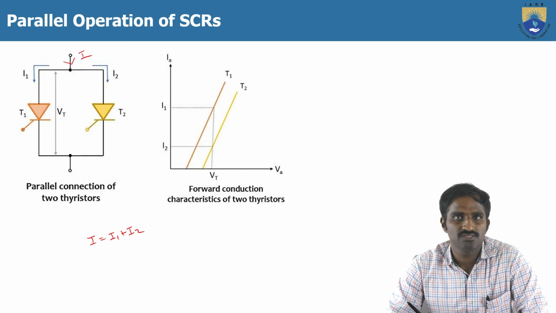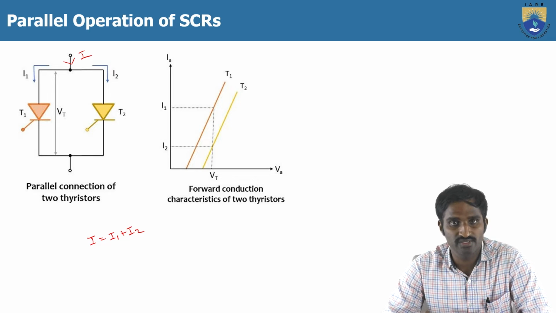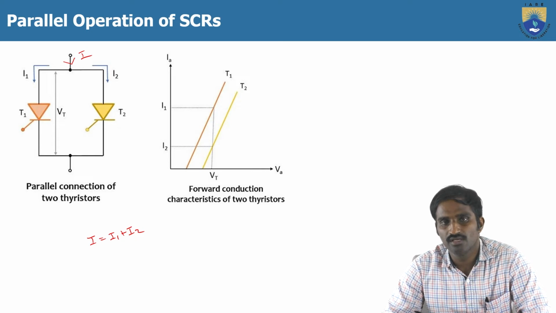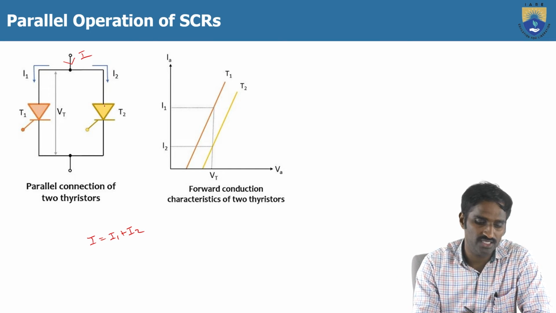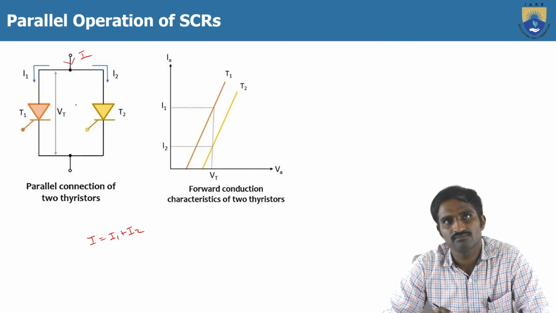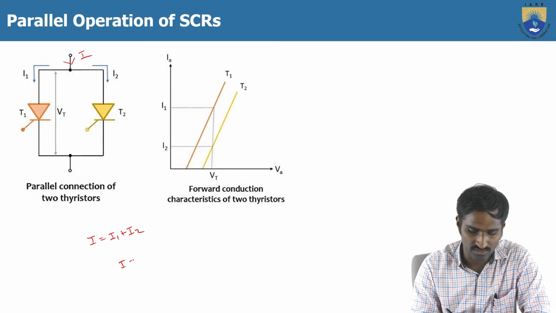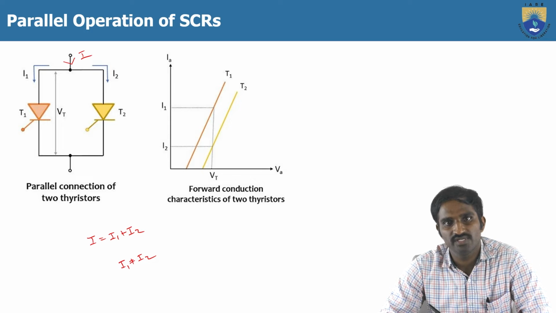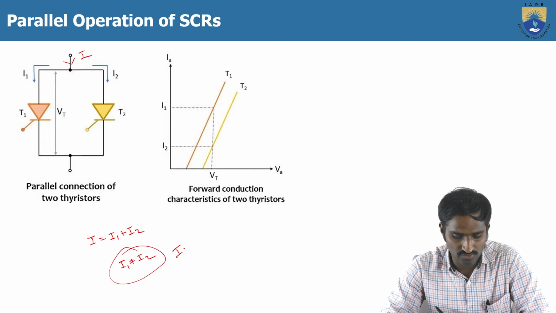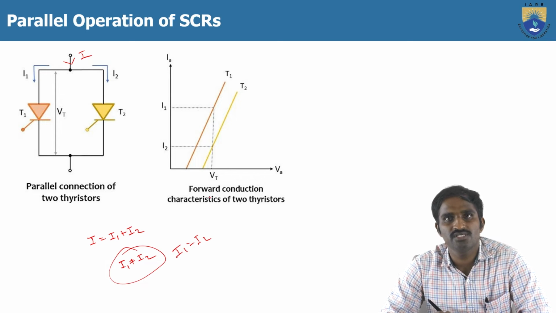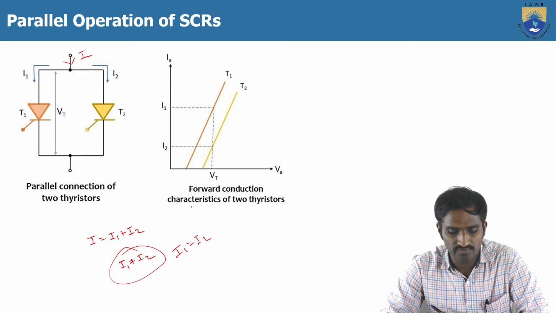Again, the same problem is also here, because even though the thyristors have the same rating, they have different characteristics, which leads to unequal distribution of the current, because here I1 is not equal to I2. So how can we make I1 equal to I2? As you can see here, the forward conduction characteristics of the two thyristors are different.